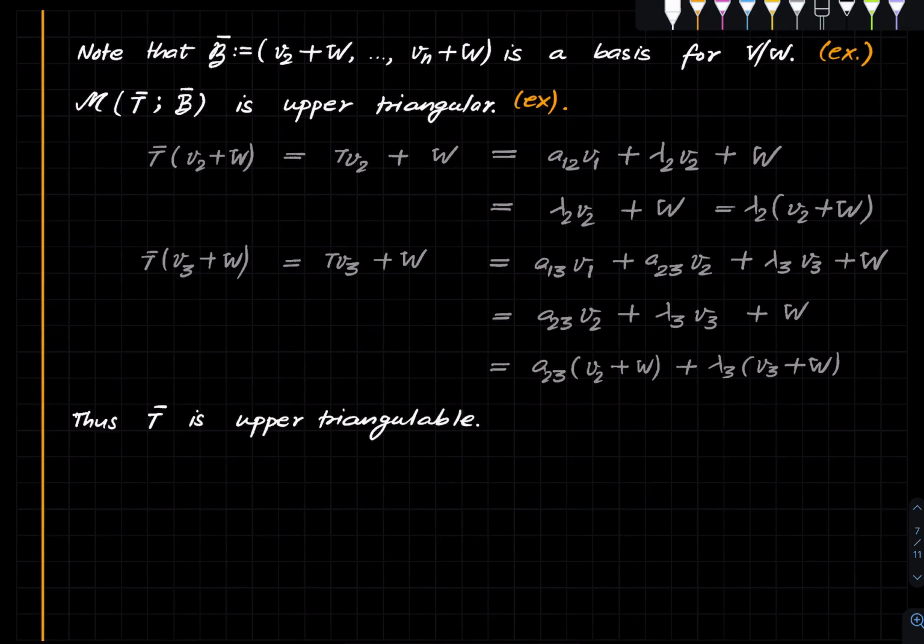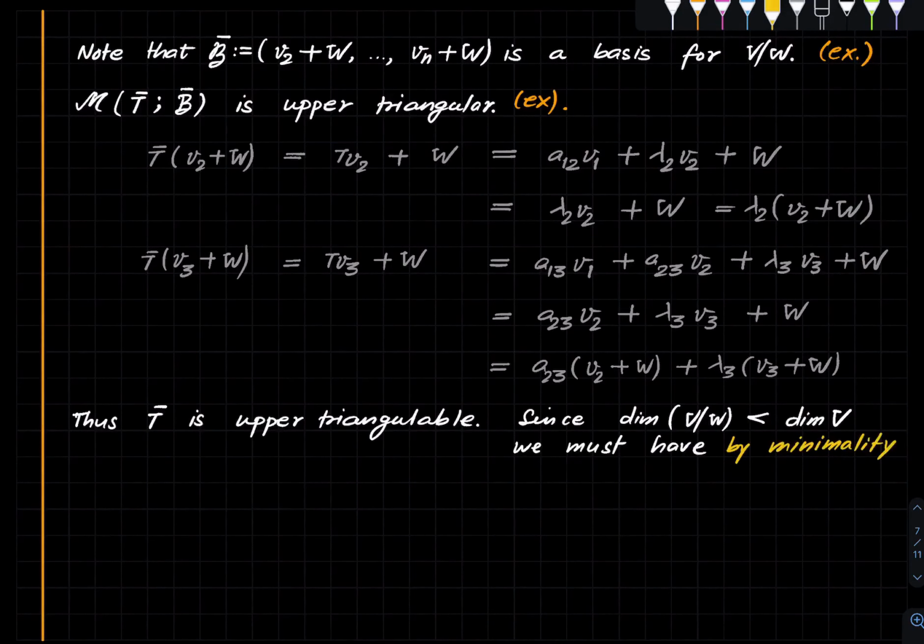Right? And now here is the main point. Since the dimension of V mod W is strictly smaller, in fact it is one less than the dimension of V, we must have by minimality of the dimension of V that the minimal polynomial of T bar splits over the base field.